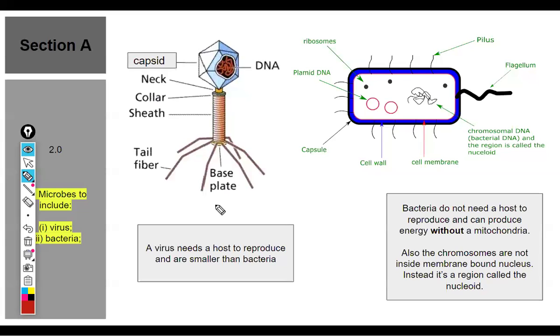So to keep it short, a virus cannot reproduce on its own. It needs the help of a host, right? And usually, in general, a virus is smaller than a bacteria, right? Another major difference.